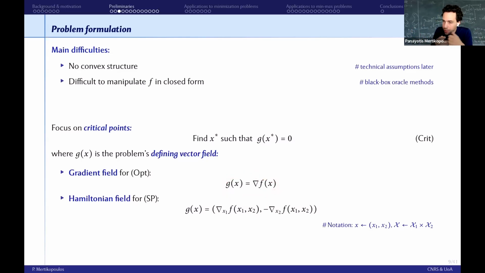These critical points, for instance, in the case of minimization, could include saddle points or even maxima, and we would like to see whether we avoid such points. This will be an important part of the talk, but this is at least what we want to concentrate on, to see whether we get some satisfying convergence theory for critical points, or we encounter problems there as well.